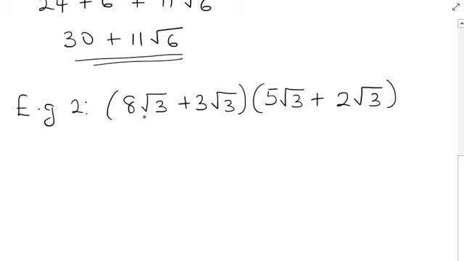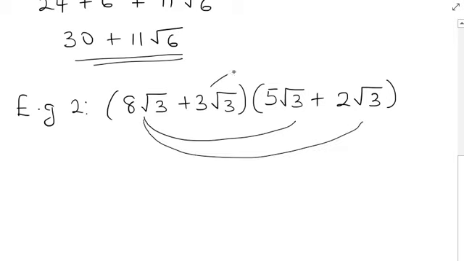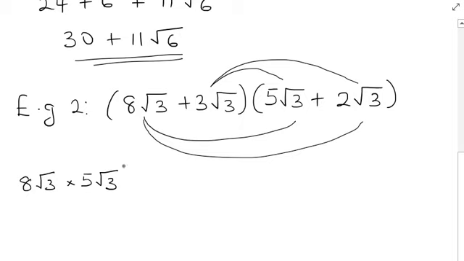So using our method, we multiply these ones by themselves like that, and we multiply this by this. So let's try that. That's 8 root 3 multiplied by 5 root 3. Then because of the plus in front of this 8, plus 8 root 3 multiplied by 2 root 3.